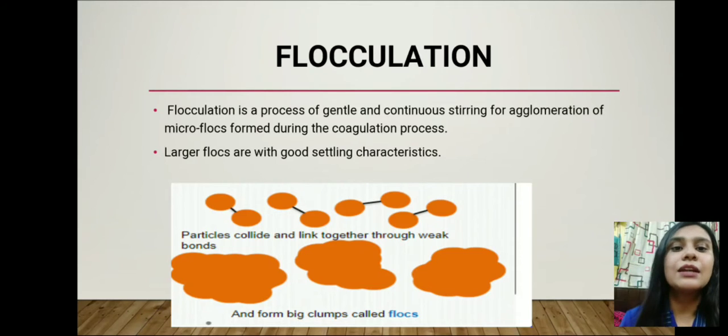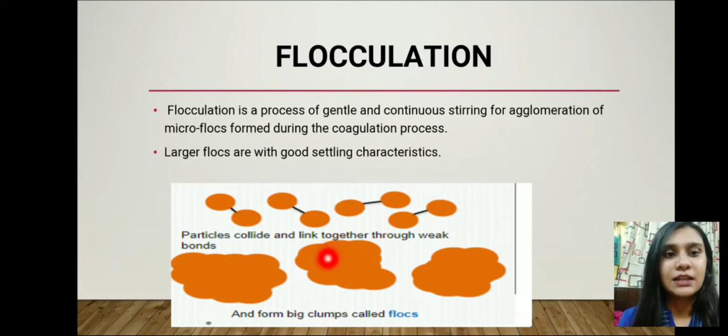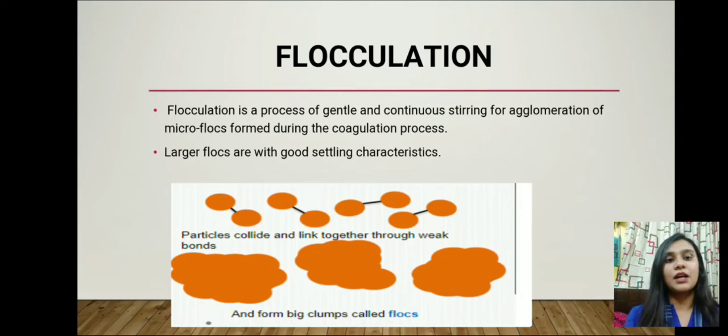Here we can see that the particles collide and link together through weak bonds and form big clumps like this, and these clumps are called flocs. By creating these flocs, flocculation happens.